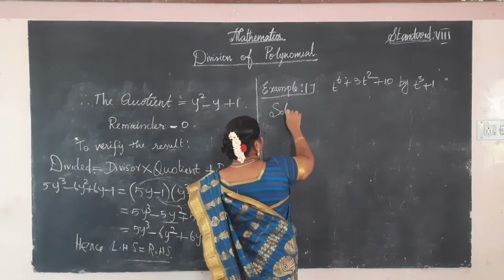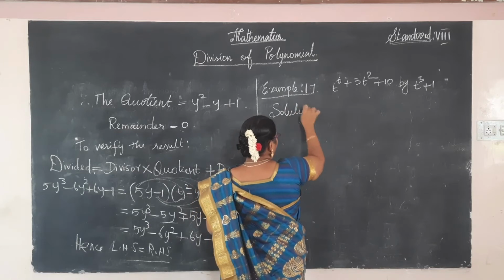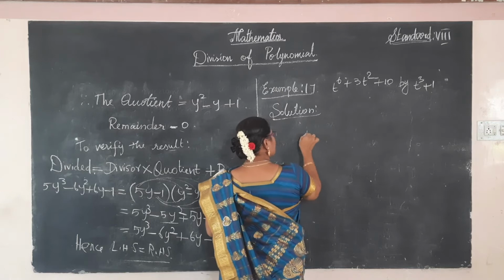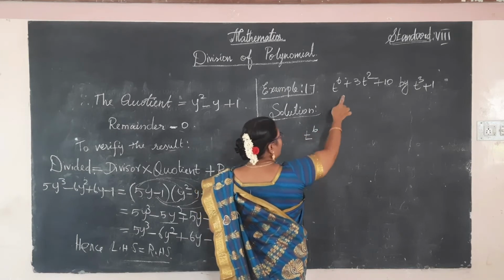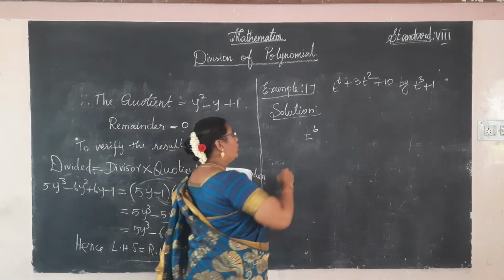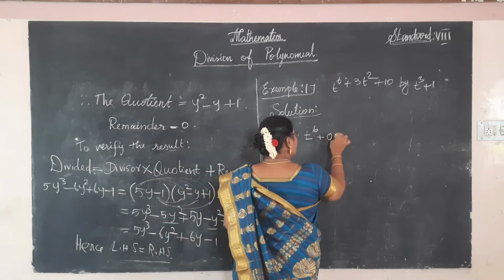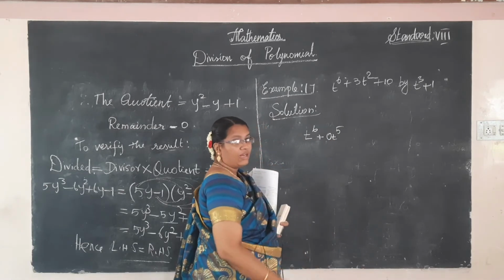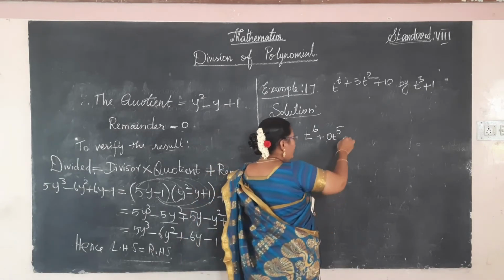Solution. First, the highest power is t power 6, and the next power is t power 5. Is t power 5 there? No. In this place we will insert 0 t power 5. Multiplying any number by 0, we get 0, everyone knows.